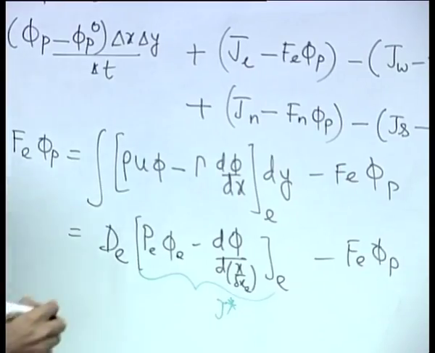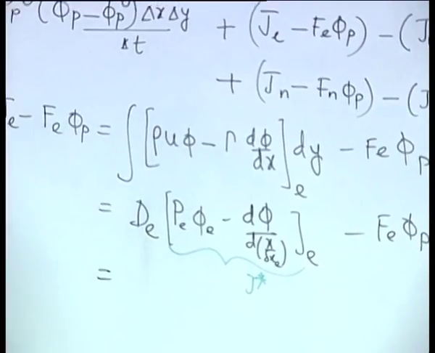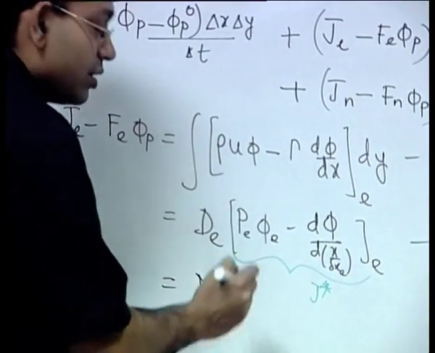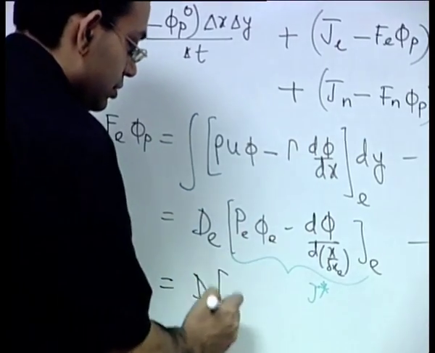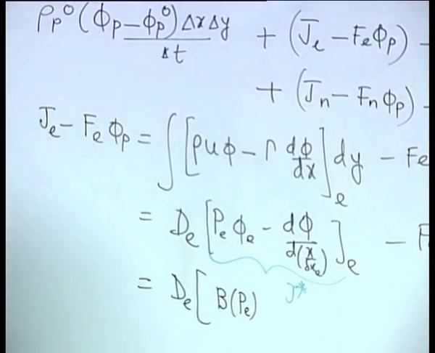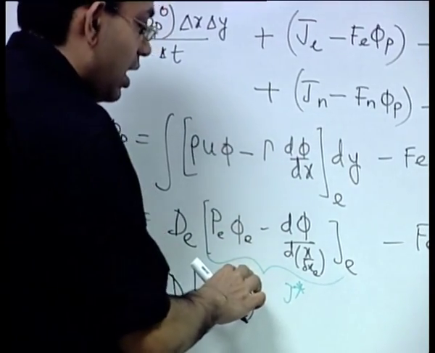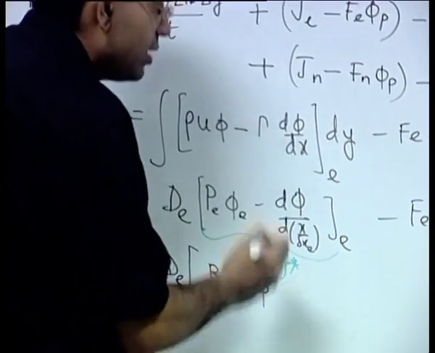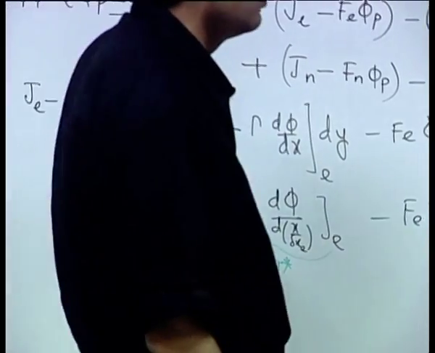Next, we can write J star as B of Pe phi I minus A phi I plus 1. What is I? You are considering the phase small e.